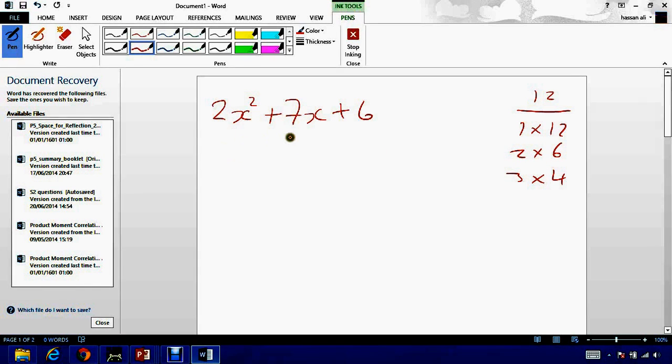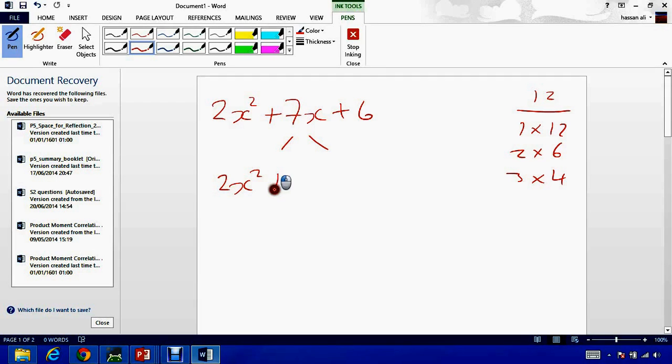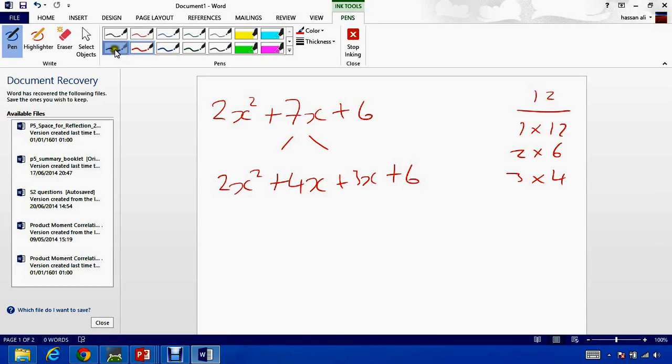So what we do, we split this up. Keep everything else the same, and you split that up. So you got 2x squared plus 4x plus 3x plus 6. And now we factorize each pair. So remember, factorizing, take out what's common.